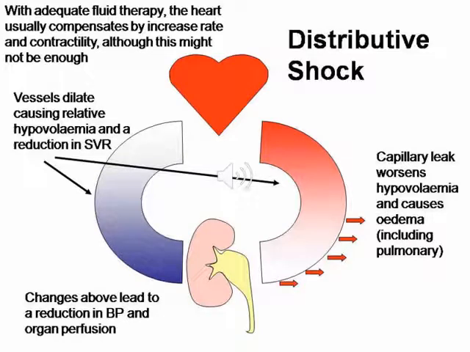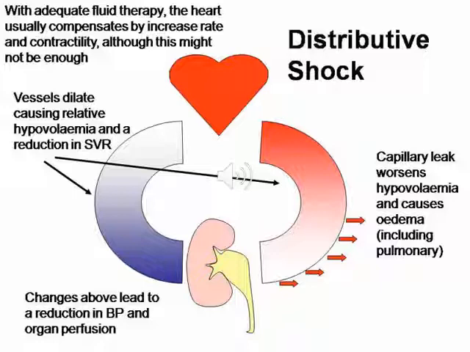The third type of shock is the distributive shock. In this type of shock, we have normal cardiac contraction, normal heart pumping ability, and we have sufficient or normal blood volume. We do not have dehydration, we do not have loss of the intravascular volume.